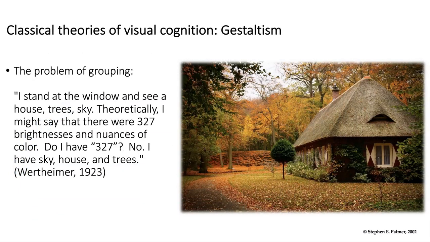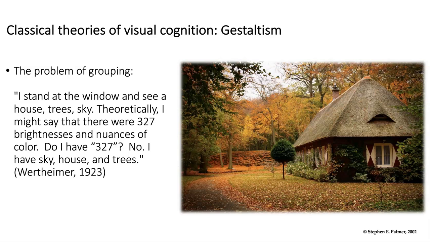Wertheimer gave a very nice description of this framework. He said that I stand at the window and see a house, trees, sky. Theoretically, I might say that there were 327 brightnesses and nuances of color. Do I have 327? No, I have sky, house, and trees.